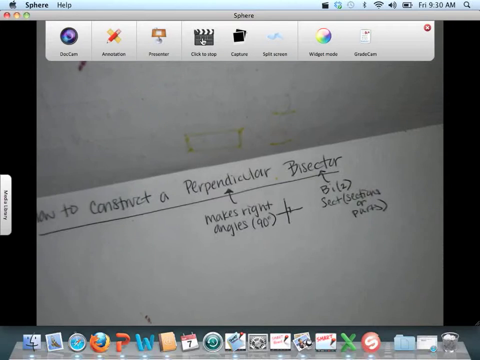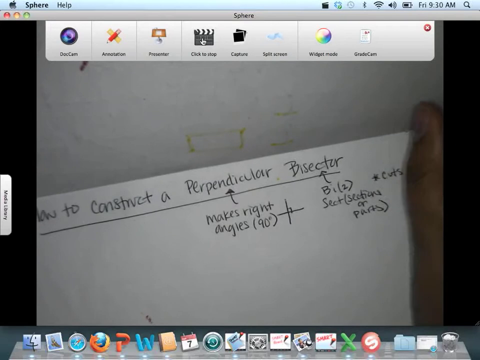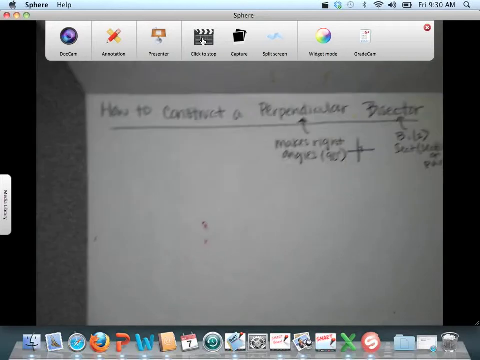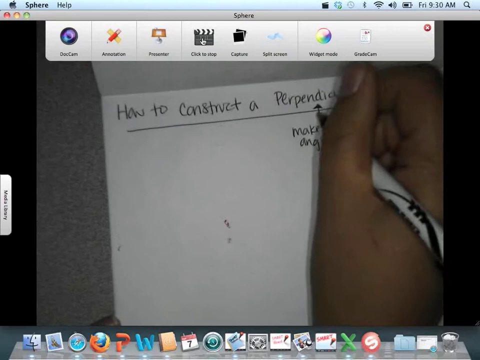So what a bisector does is it cuts something in half, into two parts. So that's a bisector.